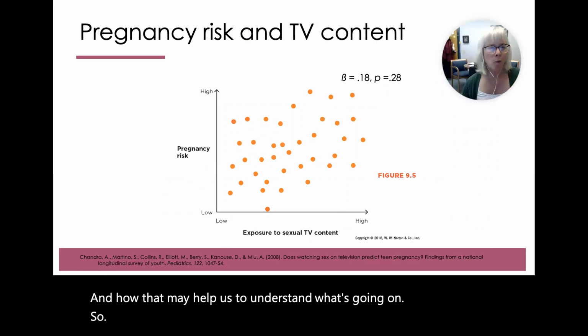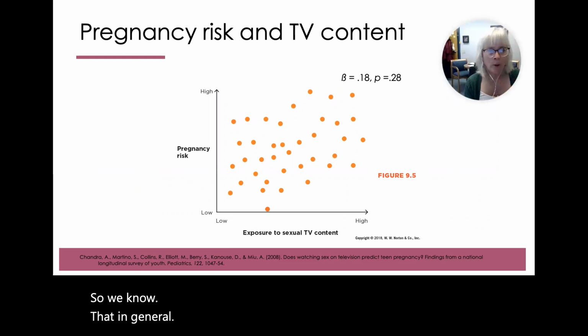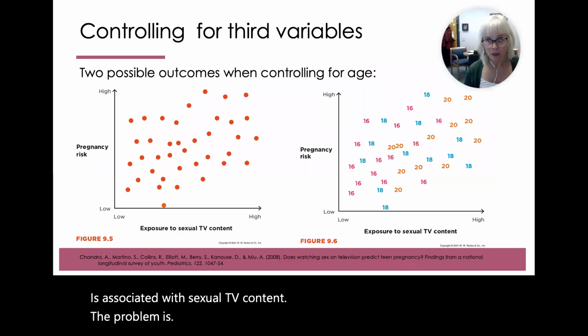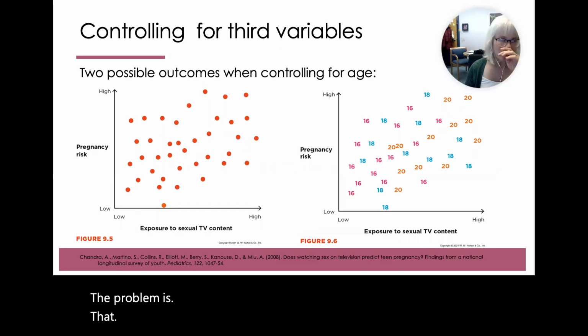So we know that in general, pregnancy risk is associated with sexual TV content. The problem is that when we control for age, there may be one of two different things going on here.